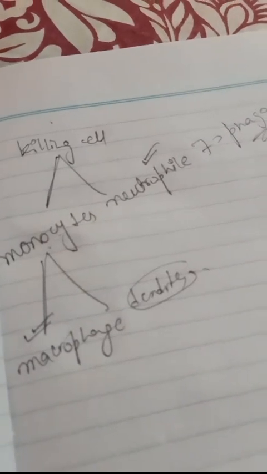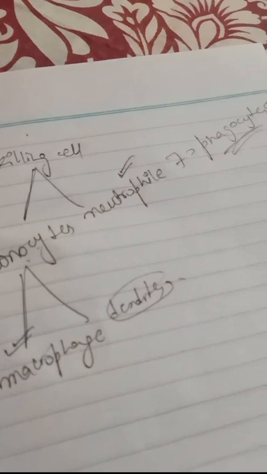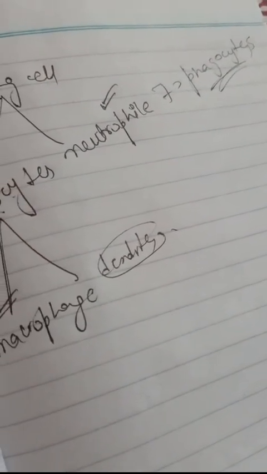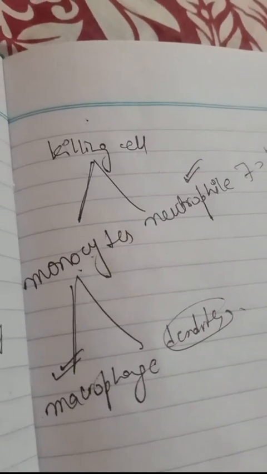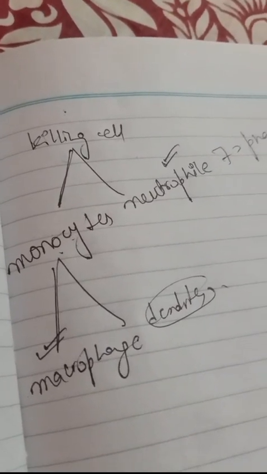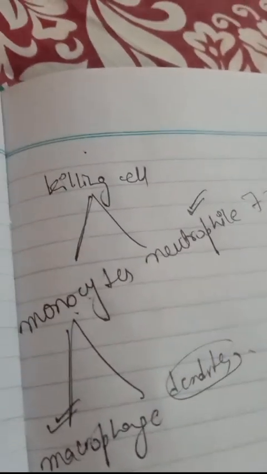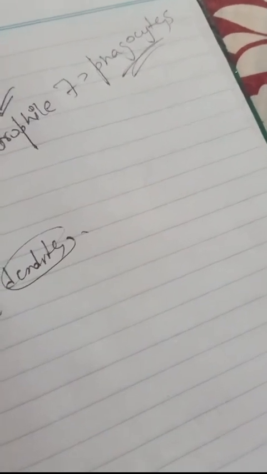As you all know, phagocytosis means they engulf the pathogen, eat it, and kill it. So they are phagocyte cells, and they perform the function of phagocytosis.